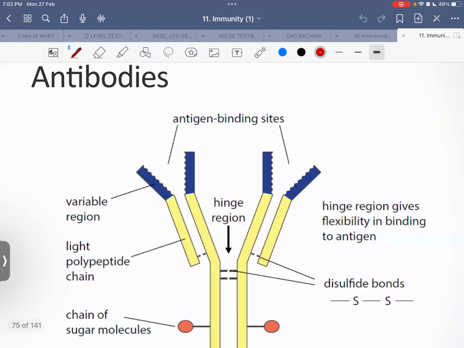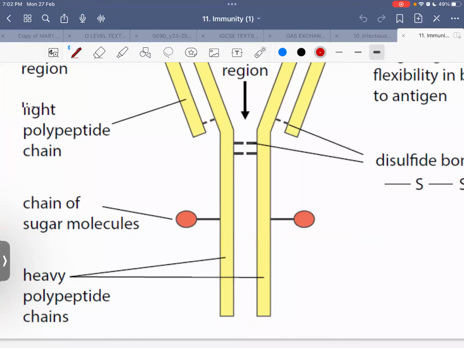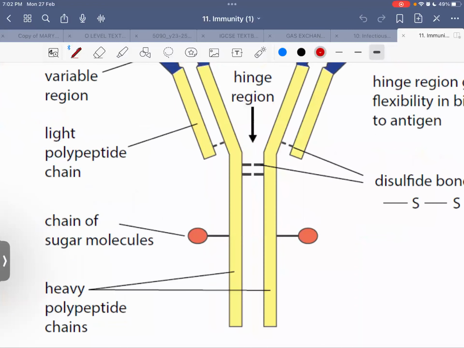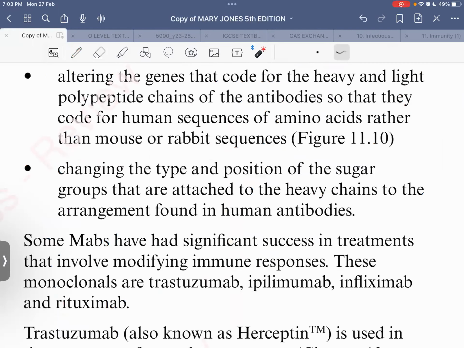We had seen that every antibody has a chain of sugar molecules, this polysaccharide chain, that makes the antibody stick to the surface of the epithelium inside the human body. तो अगर हम इस polysaccharide chain को जो आपको नजर आ रही है, this one, if you could change this also, we can humanize the antibodies. ठीक है? तो हम ये भी कर सकते हैं. तो the examiner आपसे जब पूछेगा, आप इन दोनों options में से कोई भी लिख सकते हो.